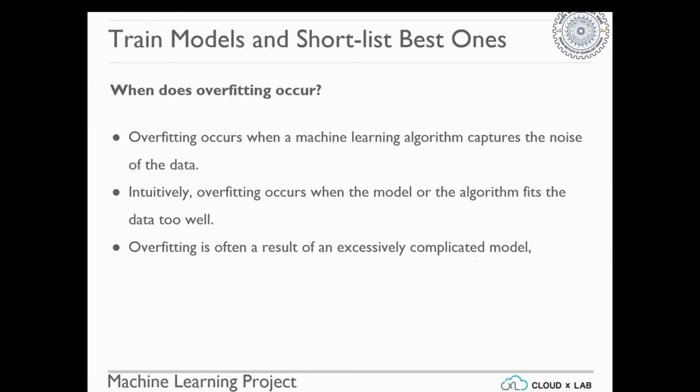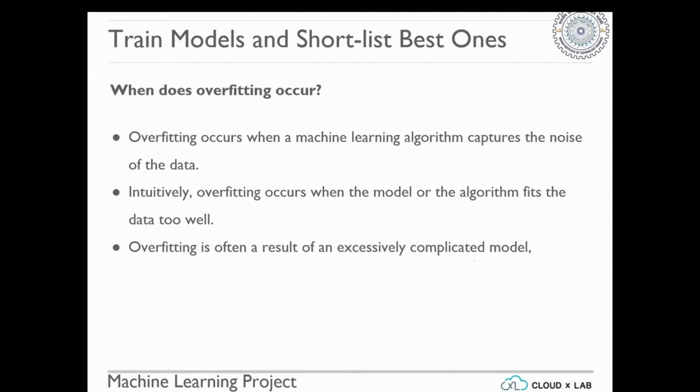Or sometimes, let's say, if we are using a highly complicated model, then also overfitting can be there, right? Because using a highly complicated model, you can learn highly complicated patterns. If the model is simple, the simple model can only learn simple patterns. So for example, a linear model is a simple model, and using a linear model, you can only learn a linear pattern, right?